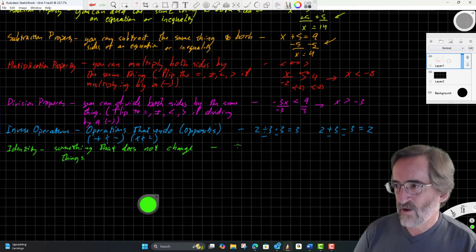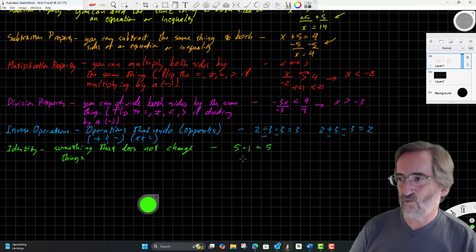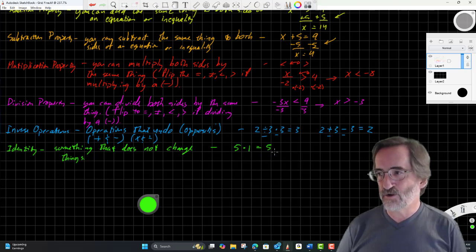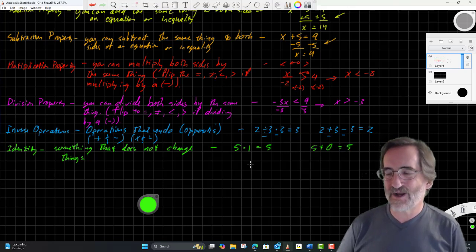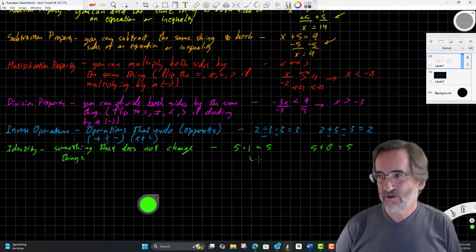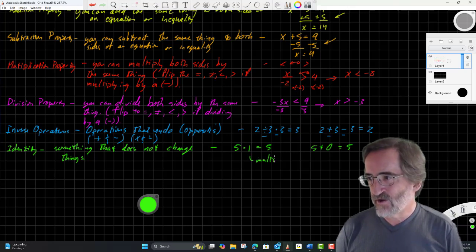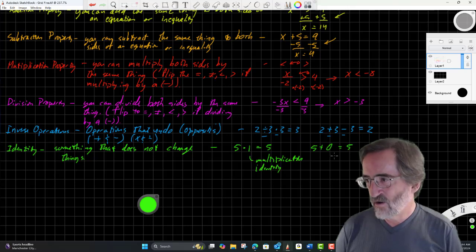Example: 5 times 1 is 5. So 1 is the multiplication or multiplicative identity. 5 plus 0 is 5. So 0 is the additive identity. Multiplicative identity. Additive identity.